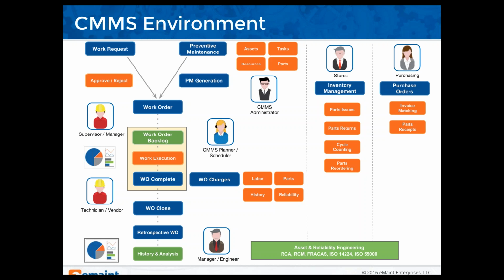So this illustration overarches topics like asset management, work orders, preventive maintenance, inventory, purchasing, and at the bottom of the screen there we talk about maintenance history analysis, and we'll look a little bit there at some potential standards and best practice in relation to RCA, RCM, ISO 14224, ISO 55000.